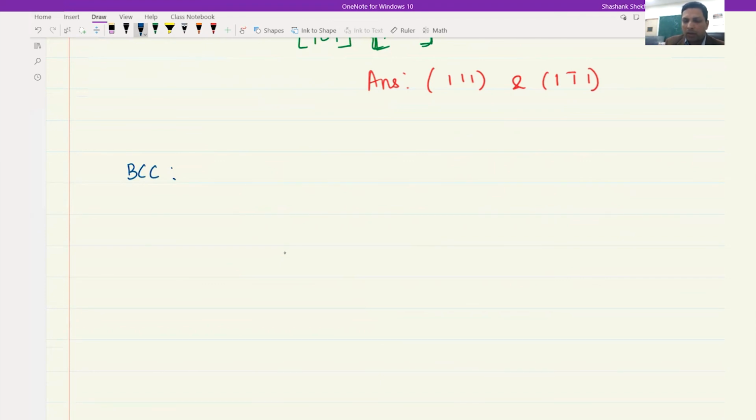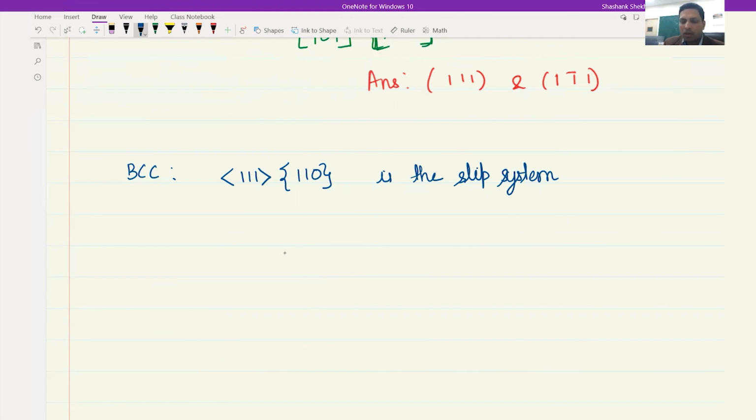In the BCC system, it is known that 1 1 1, 1 1 0 is the slip system. Again, this is the Burgers vector, so a direction, a family of directions.